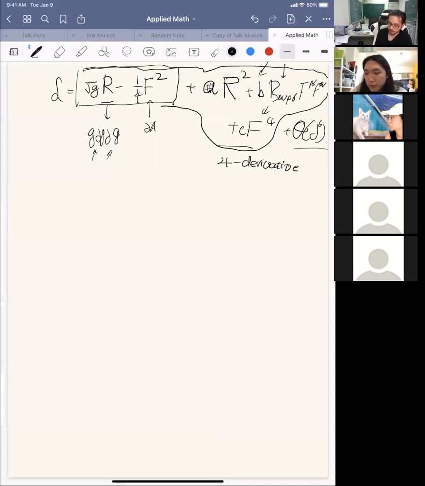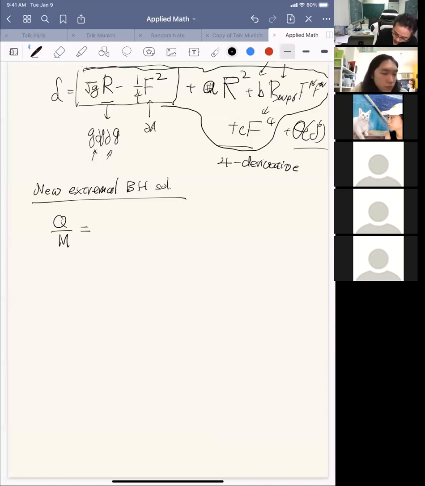So you can run through this computation, and you'll find new extremal black hole solutions, and generically, these new extremal black hole solutions will have Q over M equal to 1 plus these corrections. So this is some function of A, B, C. So you get deformed.